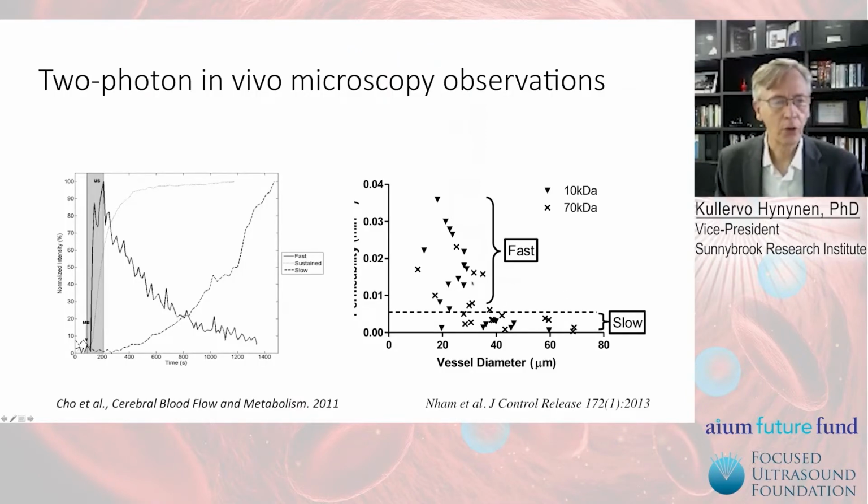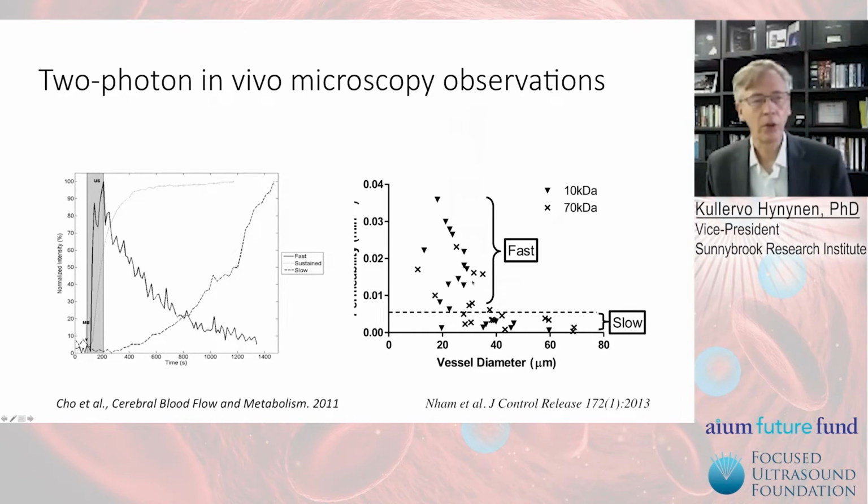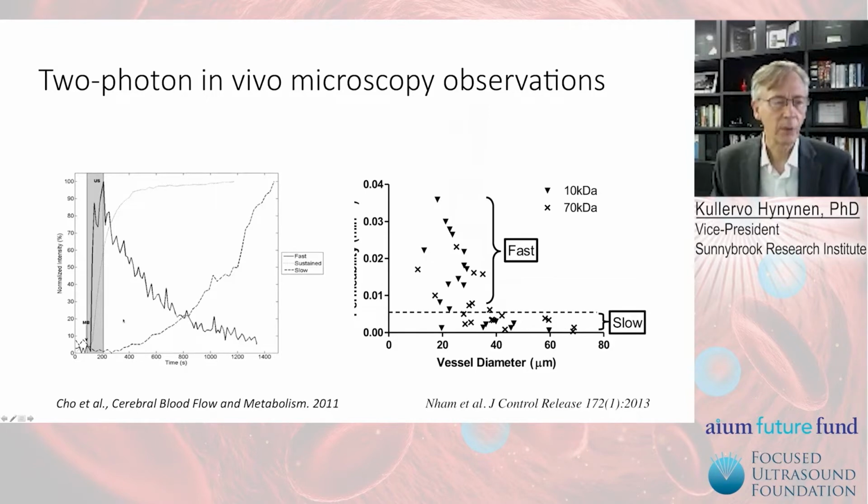We, and others, have also looked using 2-photon in vivo microscopy to see what's happening to vessels. And we have identified 3 mechanisms of what goes on. One is a fast leak that happens during the sonication and then stops after the sonication. Another is a relatively fast leak that then accumulates the drug.